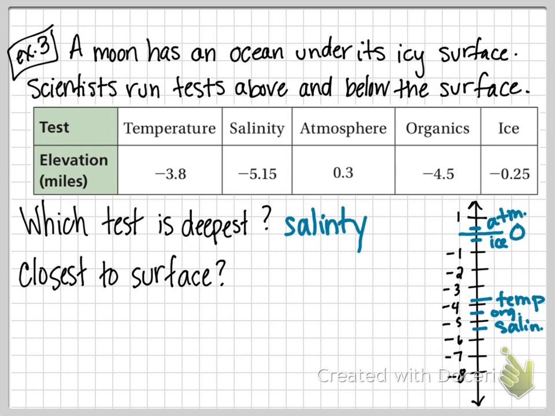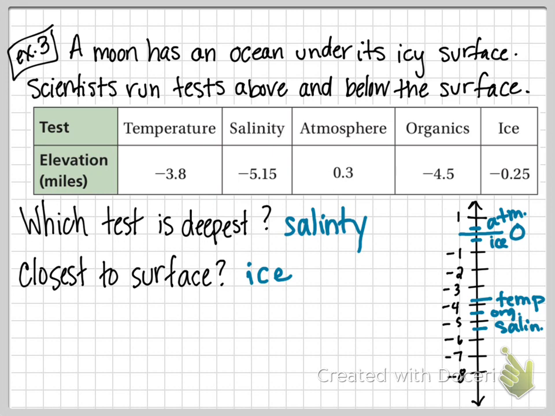Right, so how far is ice away from 0? What is its absolute value? 0.25. So it is 0.25 below the surface. How far above the surface is atmosphere? Modibo? 0.3. So 0.25 is a little bit closer. It's underneath, but it's still closer to the surface, just in a negative direction. Does that make sense? So we're looking at that absolute value. So the closest to the surface, even though it's underwater, was the test for ice.